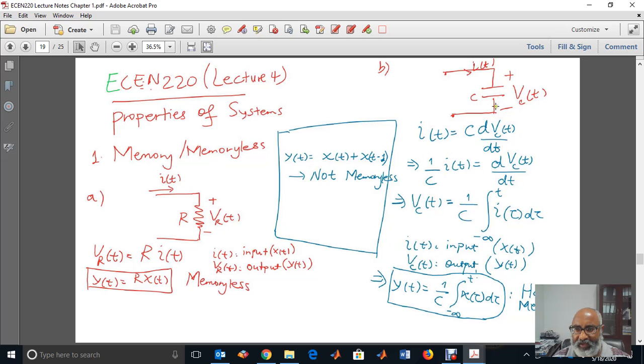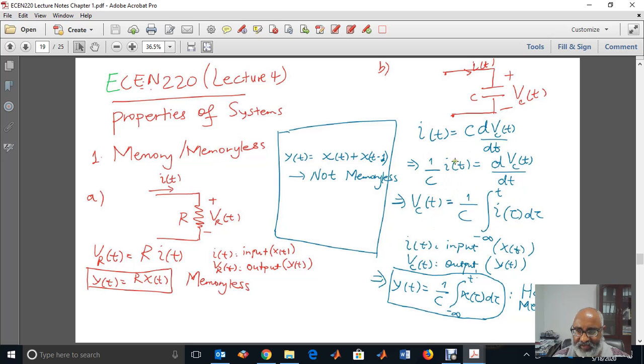If I have, for example, a capacitor, the current through the capacitor and the voltage across the capacitor are related by this formula: i(t) is equal to C, the capacitance, times the derivative of V_c with respect to t.